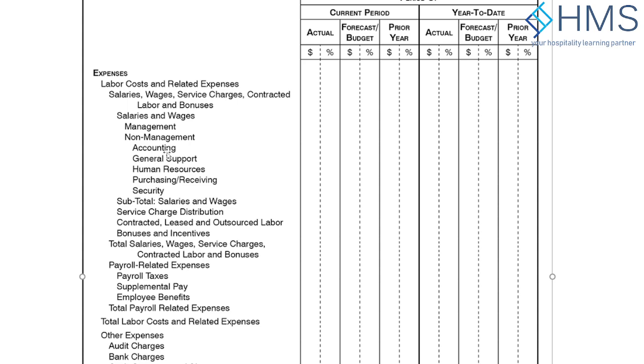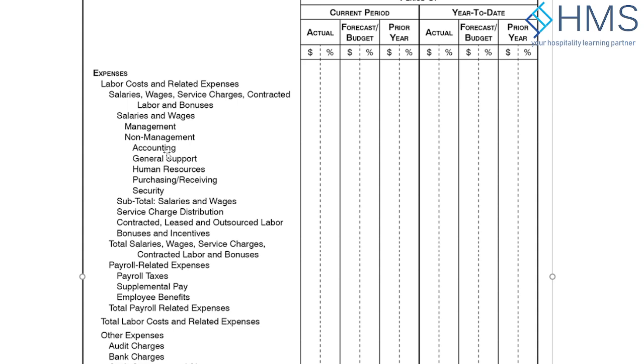After that, you have the purchasing and receiving, which is usually for material management. It includes receiving staff, store staff, purchasing, whether sitting in the office or going out and purchasing from the market. And you have security staff. Security in many hotels is not permanent, it is sometimes contracted staff, contracted security, which means that it will go into the contracted, leased and outsourced labor.